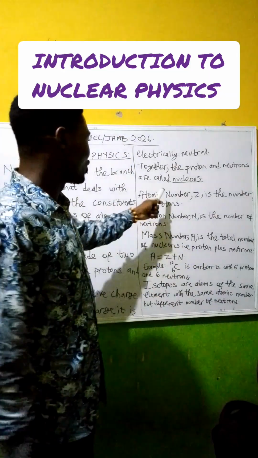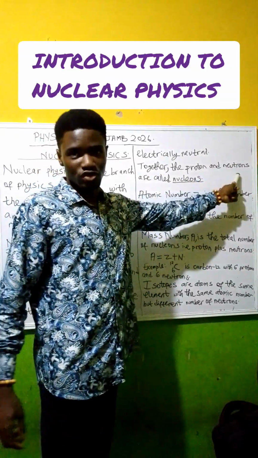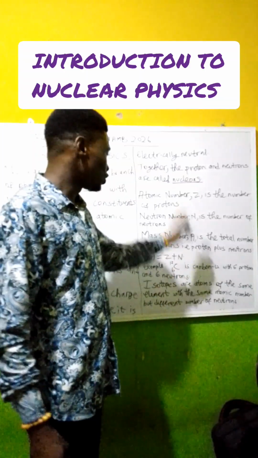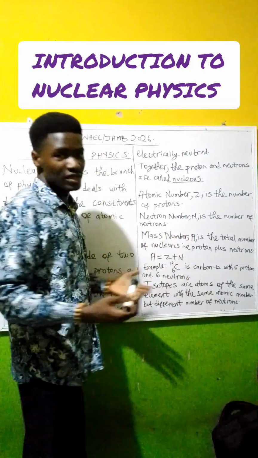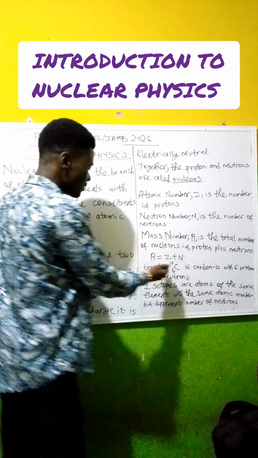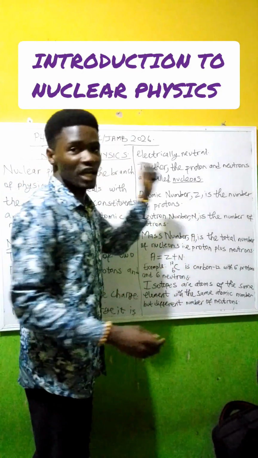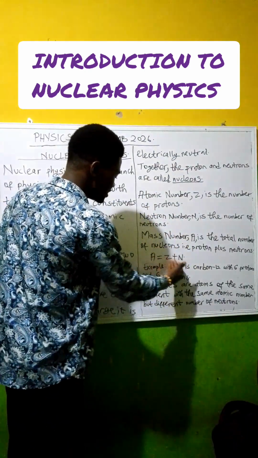Remember that nucleons are the protons and the neutrons. So when we add proton plus neutron, we have our mass number. The mass number, usually denoted by A, is basically Z plus N. Z is the atomic number of protons, plus N, our neutron number. So A is Z plus N.